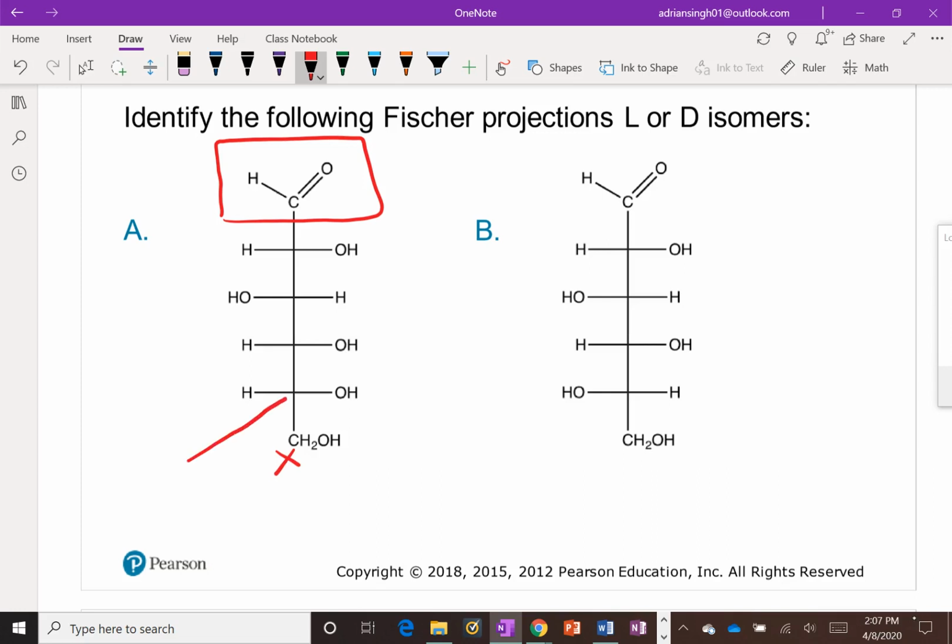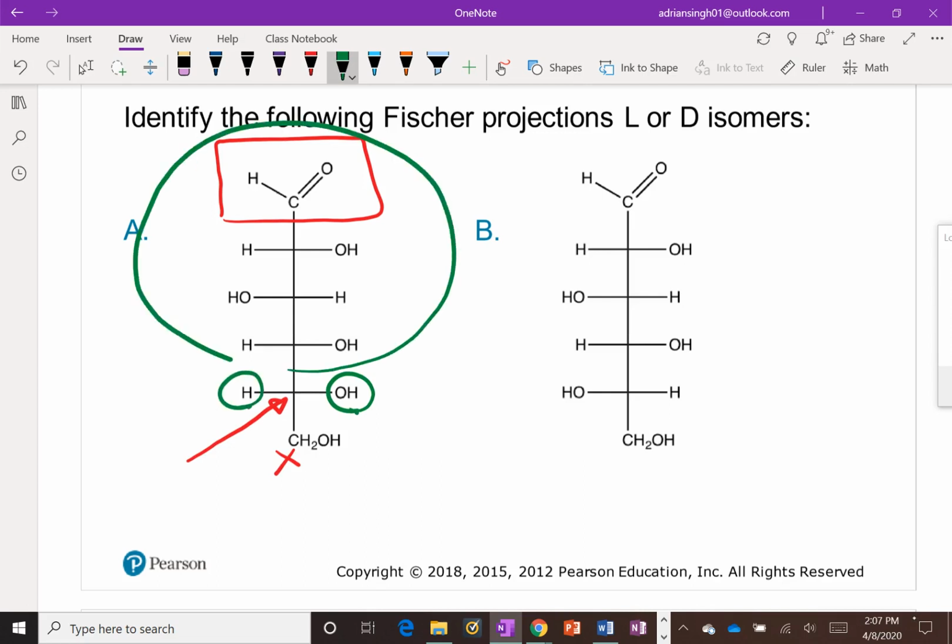Let's look at the next one, and let's see what's attached to it. There's an OH, there's an H, there's all of this stuff that you can consider as being one group, and then there's another thing here that's very different than everything else. So this here is going to be our chiral carbon, that's an asterisk. The OH is to the right of that last chiral carbon, so that would make it the D isomer.